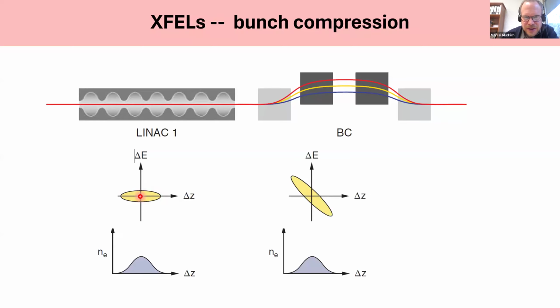So the way it's done is that these electron bunches are sent through what's called a magnetic chicane. This is just an arrangement of dipole magnets that basically deflect the electron bunches laterally, and the electrons are deflected on different trajectories as a function of their energy.